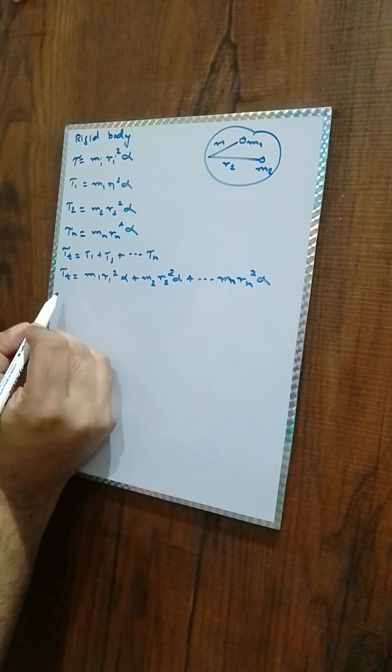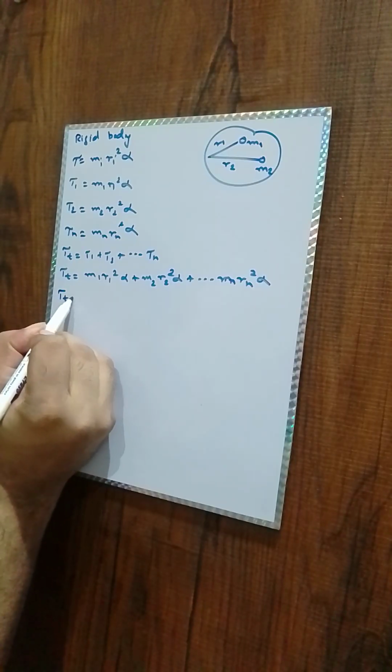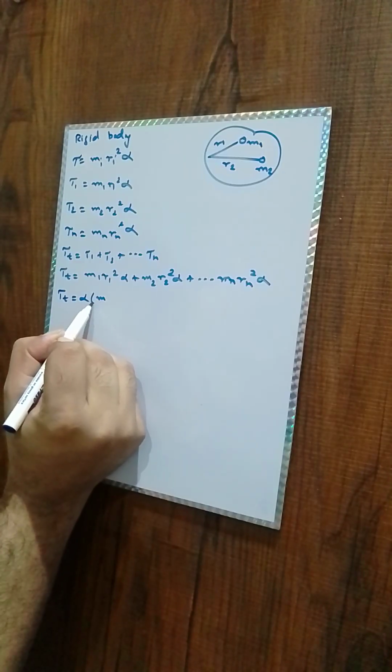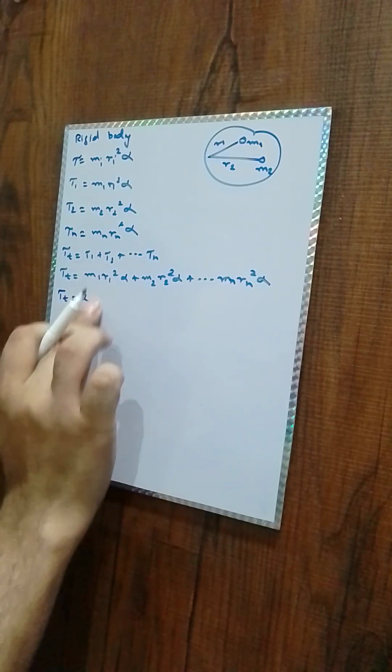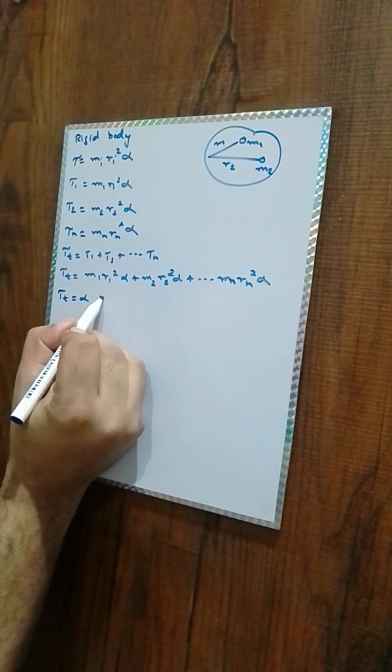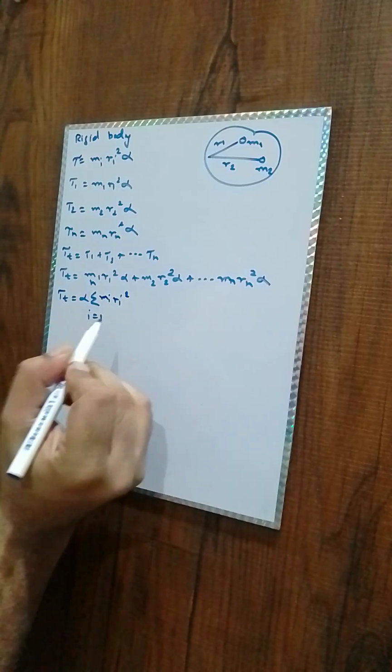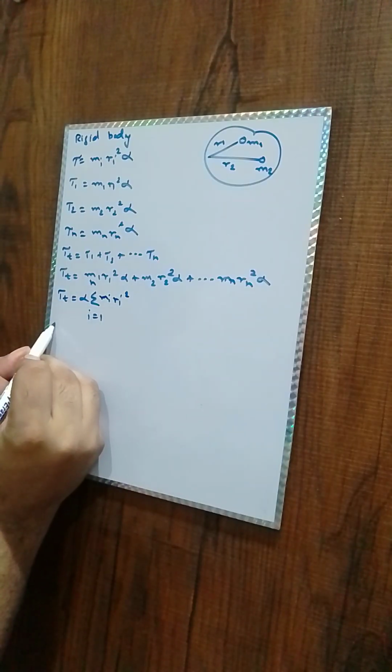Alpha can be taken out, and differential masses and radii respectively can be added. So tau total is equal to alpha times the summation of m_i r_i square, i is equal to 1 up to n.